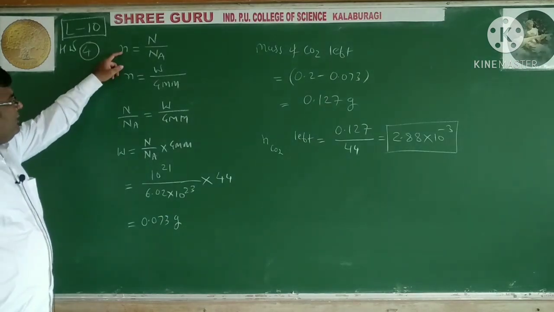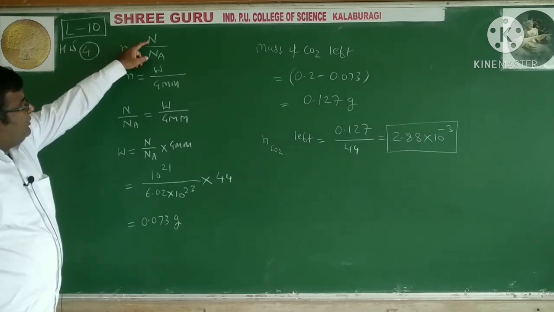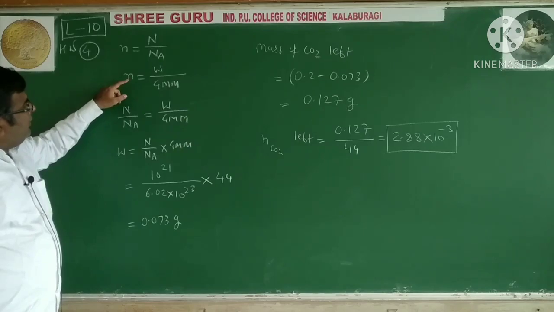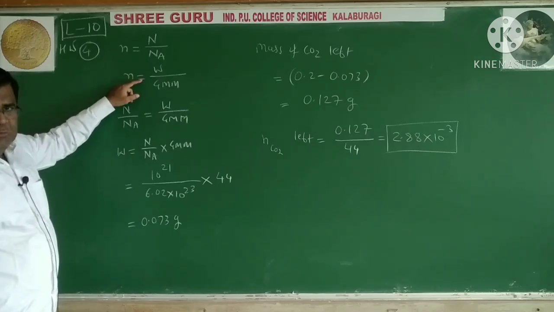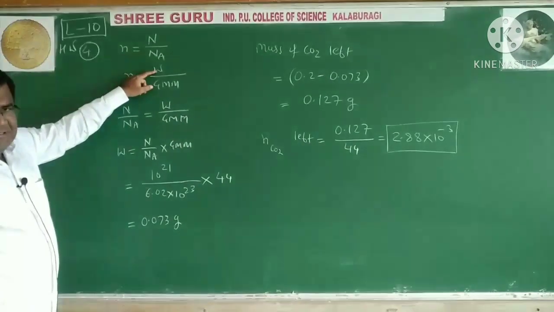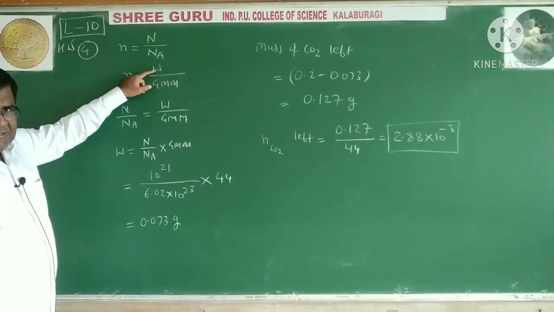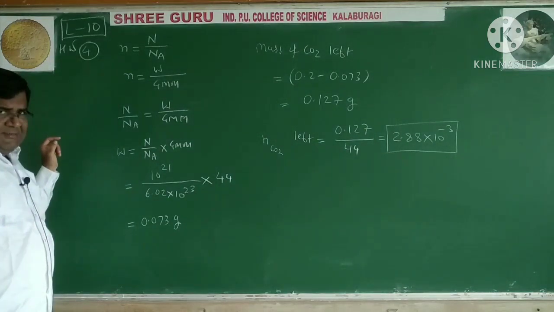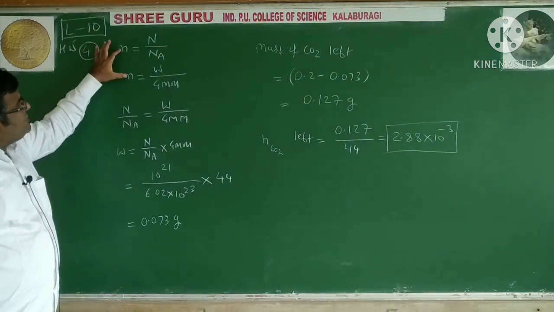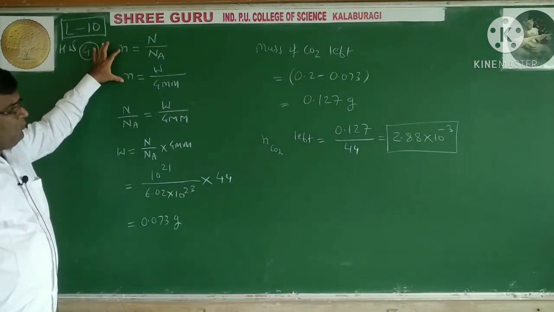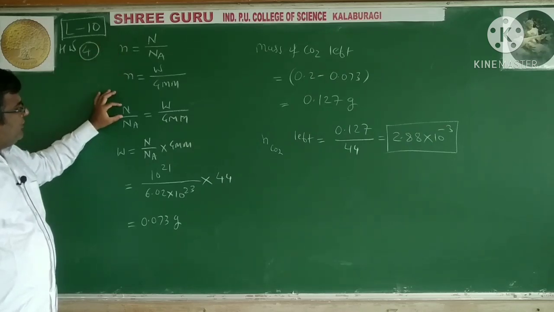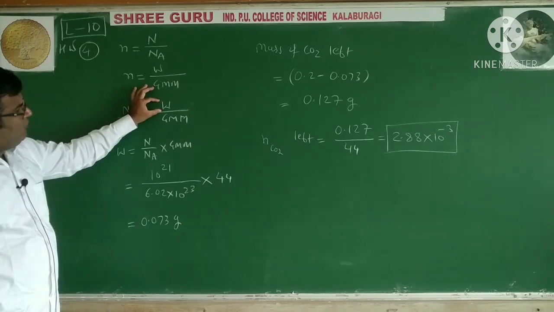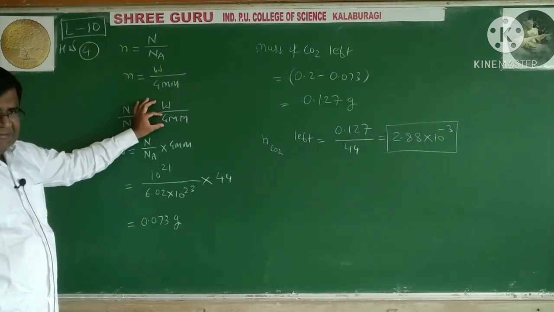We know the formula: number of moles is equal to number of molecules by Avogadro number, and number of moles also equals mass of substance, here in this case CO2, divided by gram molecular mass. As both these formulas are related to number of moles, you can write number of molecules by Avogadro number is equal to mass of molecule divided by gram molecular mass.